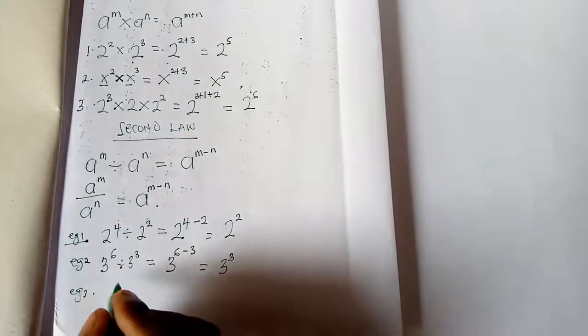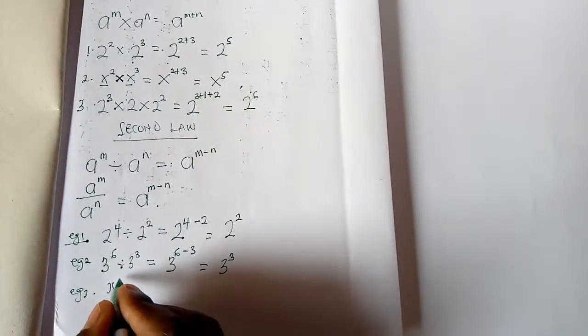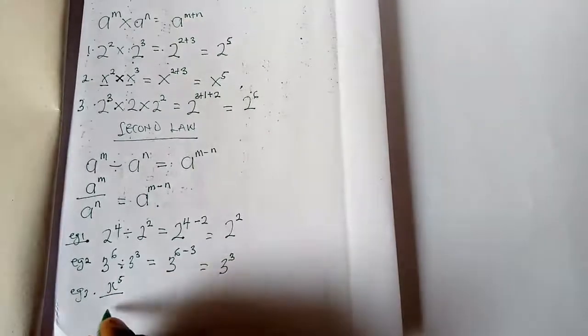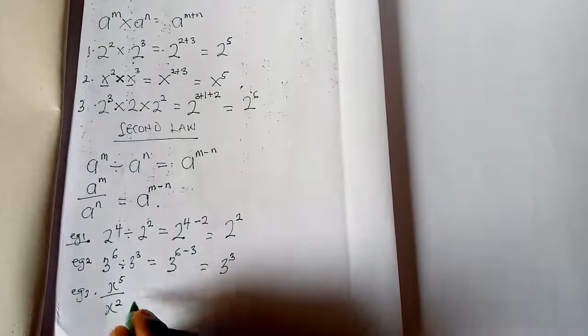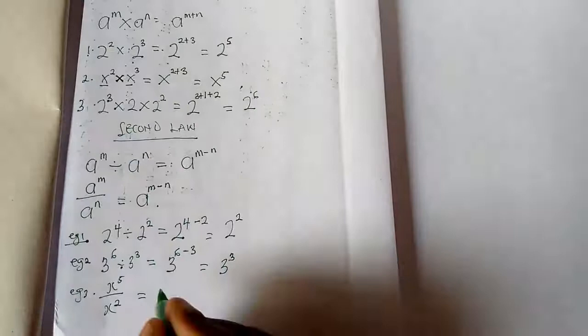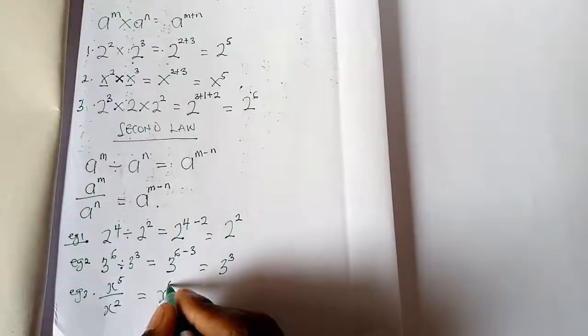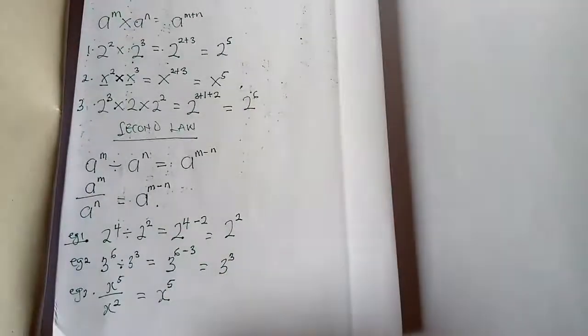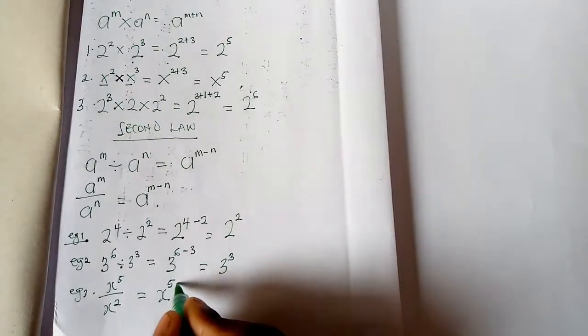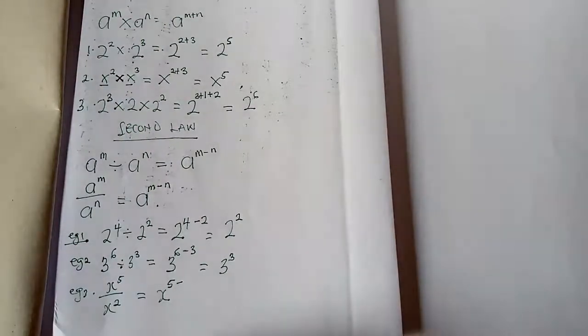Let me take x raised to power 5 over x raised to power 2. And this one, all that we need to do is write the base, which is x, and then the exponent of the first one, that is the expression on top. And then we subtract the exponent of the expression of the second one from it. It's going to be like this.